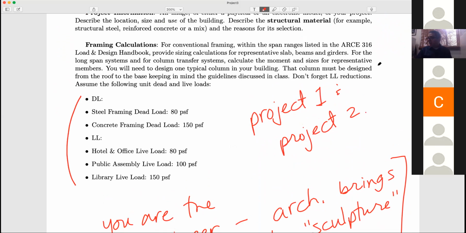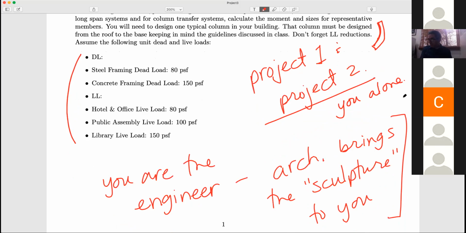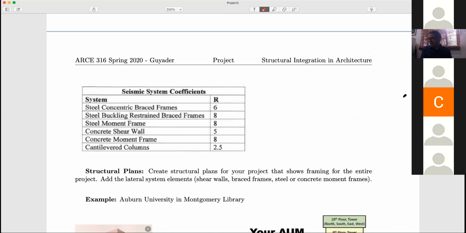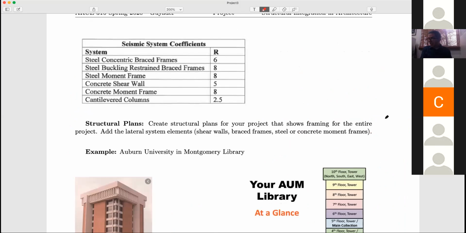You will also do a column design, and so you'll use that live load reduction. So really, it's just you alone doing this, and like Jessica had asked, we will have consultations.